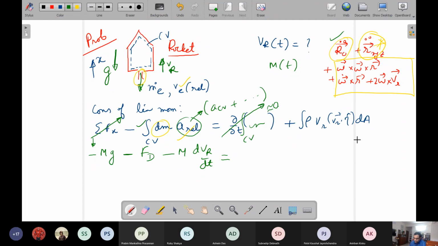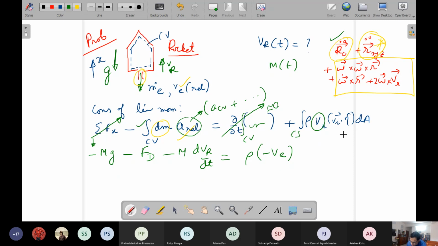So what is that last term? The last term is rho, that you multiply with VR. VR is minus VE, this one. So why minus? Anything along positive x we are calling as plus, anything along negative x we are calling as minus. VR is velocity of the fluid relative to the control volume. So products of combustion are coming out with respect to the rocket with a velocity, relative velocity VE.